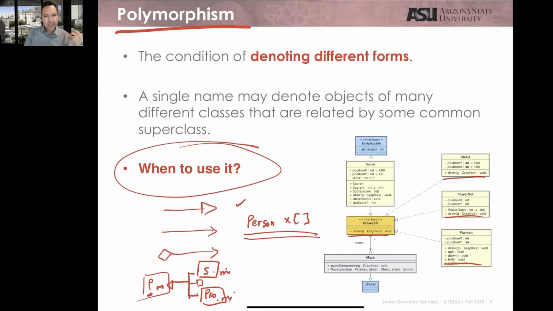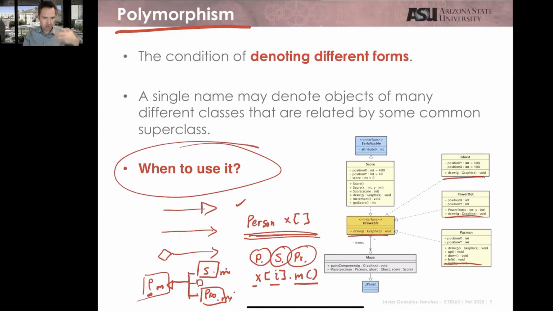When you do a for loop to iterate in this array of persons, it's not only that you can have in the array a person and a student and a professor, whatever, but when you call a method from the array X in the position whatever, the method that you're going to call is the method that corresponds to the particular class of the object. So it can be M, and you're calling M from the position I of the array X.